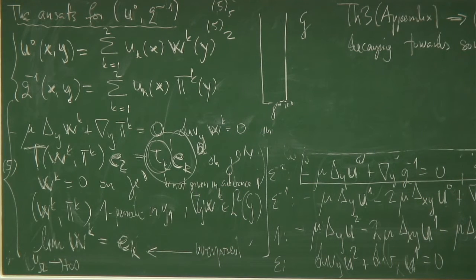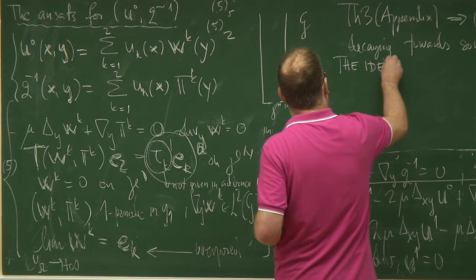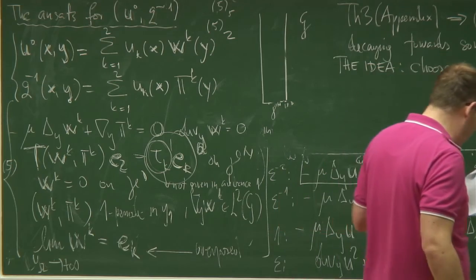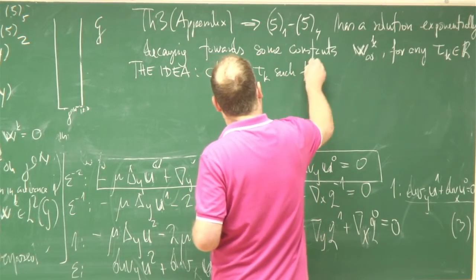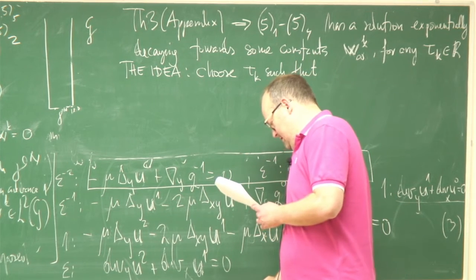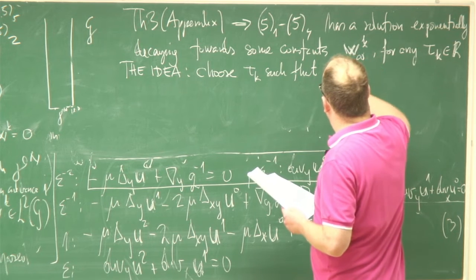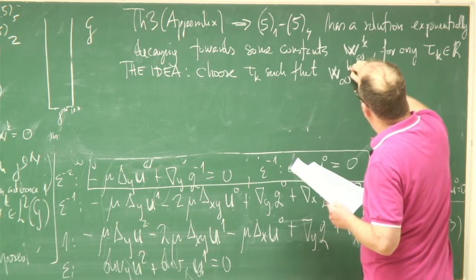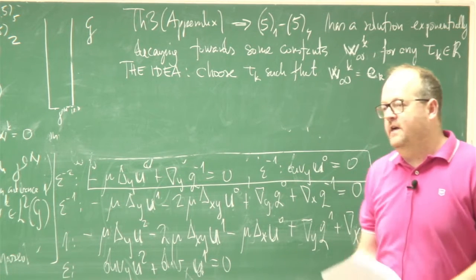And the idea is to choose these constants tau_k such that this one is equal to a canonical vector.